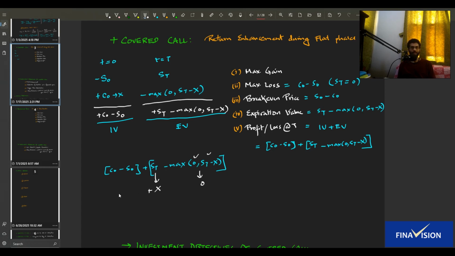So this is the maximum cash flow, which is equal to C0 minus S0 plus X. So let me write it down. Max gain is equal to C0 minus S0 plus X. So this happens when ST is equal to X. Remember, this happens when the price at the expiry of the option, the price of the underlying becomes equal to the exercise price. So we have covered the major points that needed to be covered here.